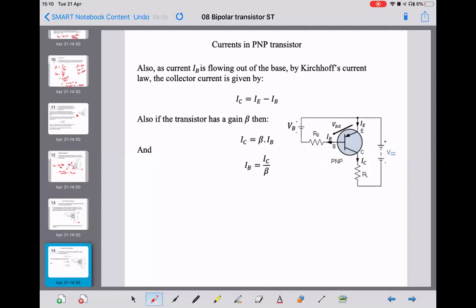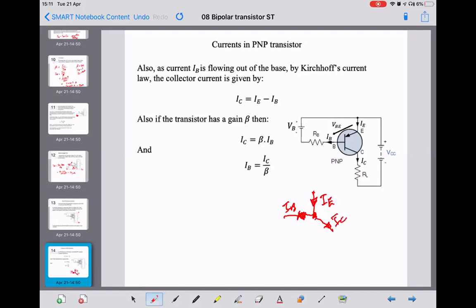So therefore, in this case, if we draw that node thing again that I did before, we've got IE flowing down and into the node, IB flowing out that way, and IC also flowing out.